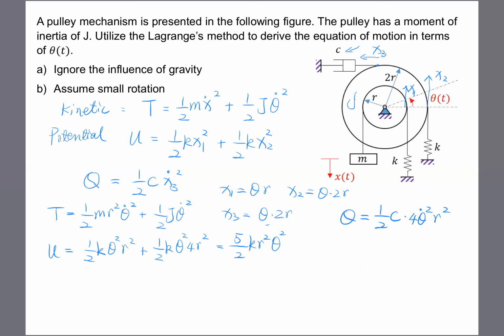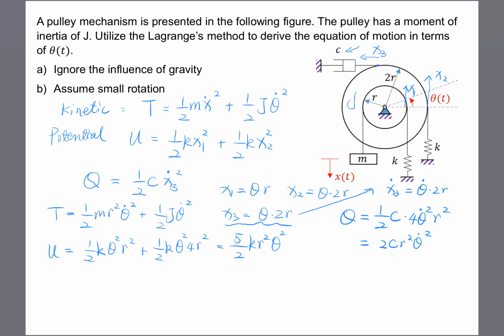If you don't know where I got these theta dots, we can focus on this relationship and calculate time derivatives on both sides. So you have x3 dot equal to theta dot times the constant 2r. And then we can simplify it. It becomes 2c r squared theta dot squared.